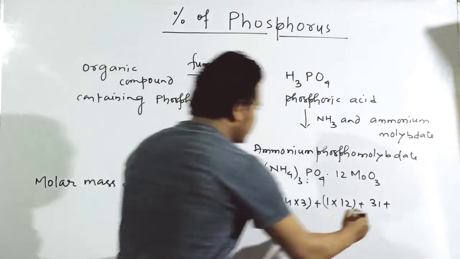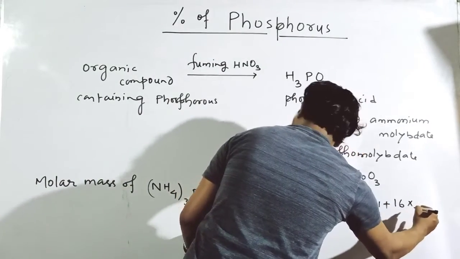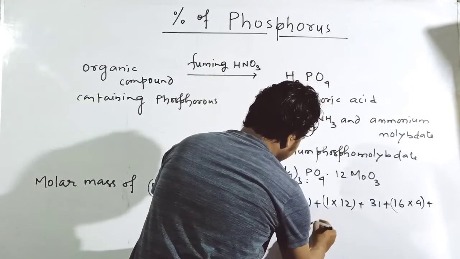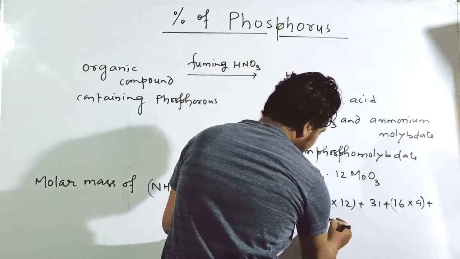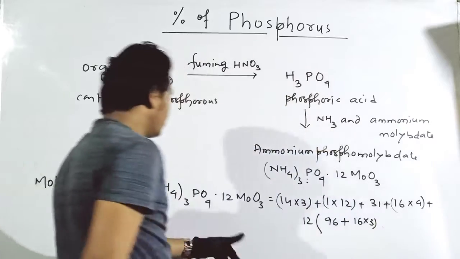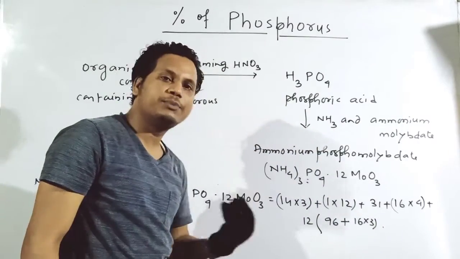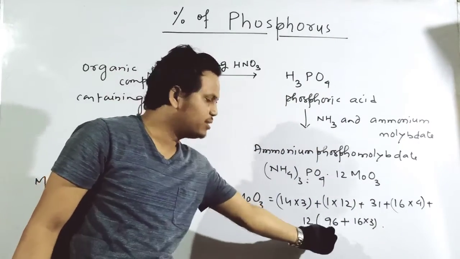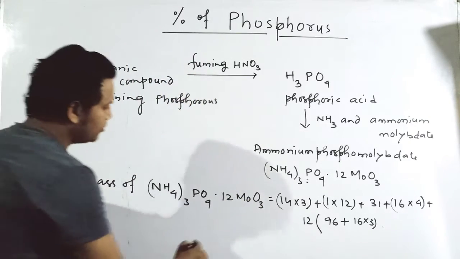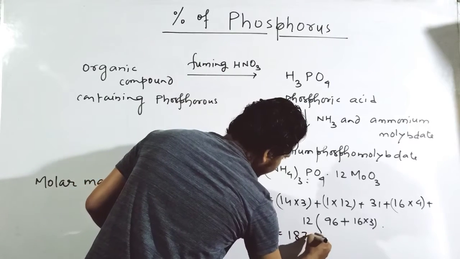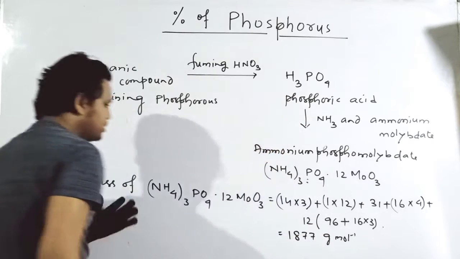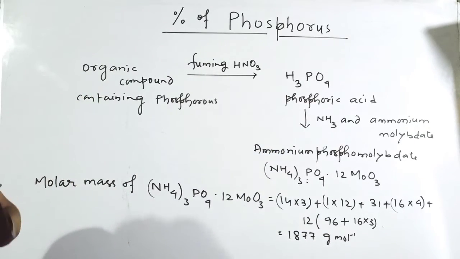Oxygen is 16, 4 times, plus 12 times molybdenum, Mo, whose atomic mass is 96, plus oxygen 16, 3 times. If we calculate this, it will be 1877 gram per mole. So the molar mass of this is 1877 gram per mole.